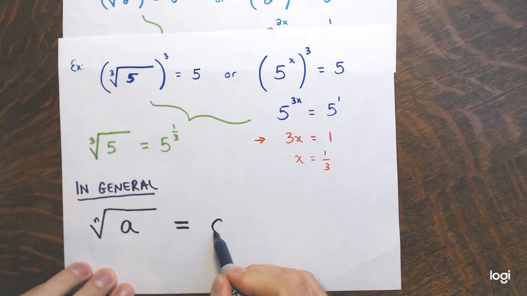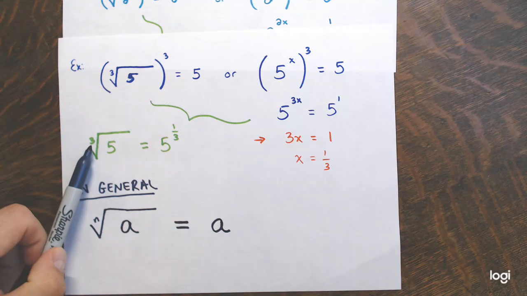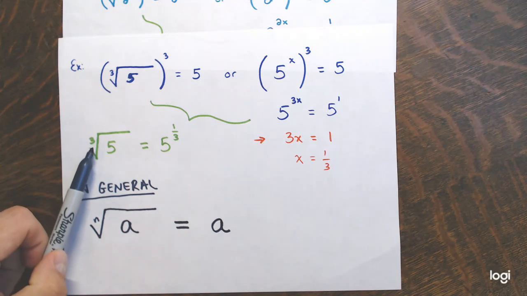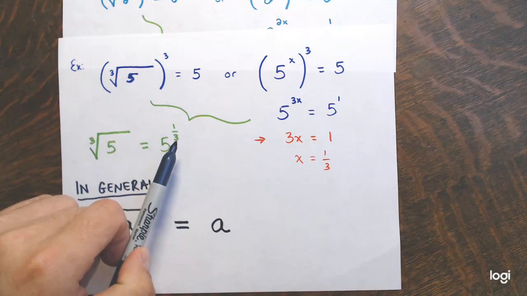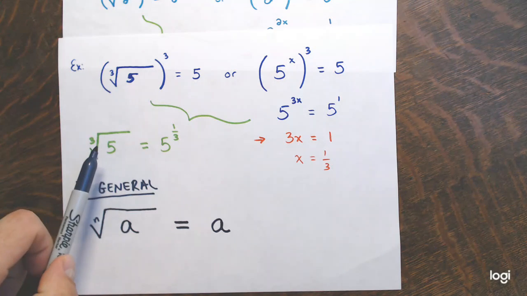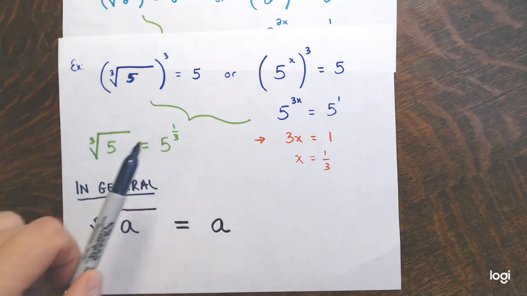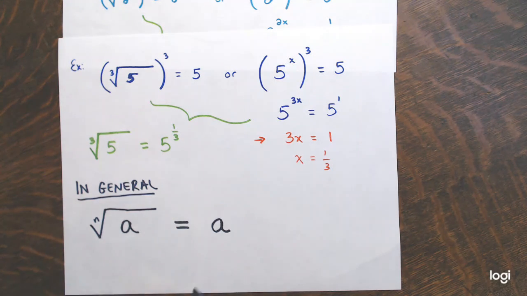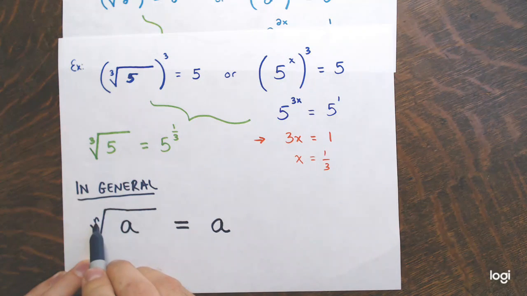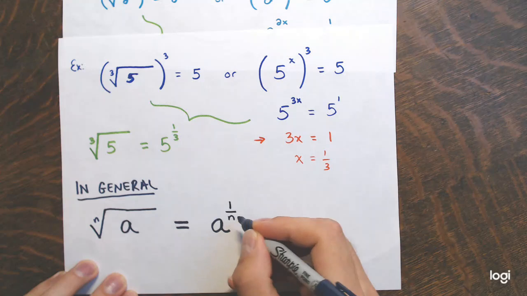So a is the base now. And then whatever the index on the radical was, right here this had an index of 3, that's the denominator on the exponent, right? Or you could say the reciprocal of the index is the exponent over here. All right, so this is a to the, and then the index on the radical is n. The reciprocal of n is 1 over n.